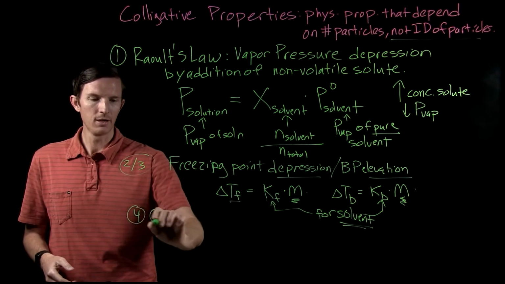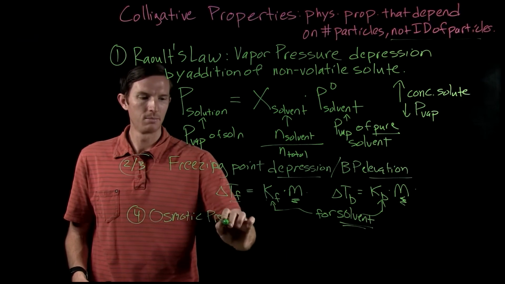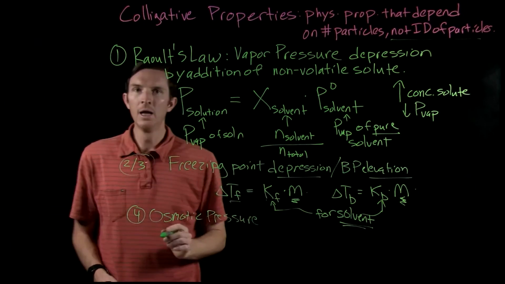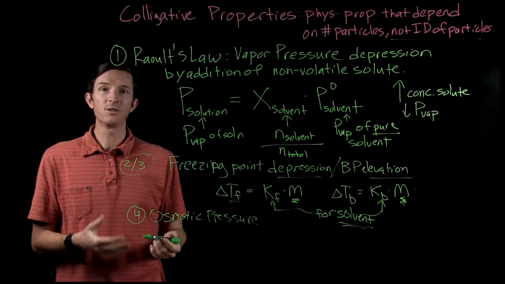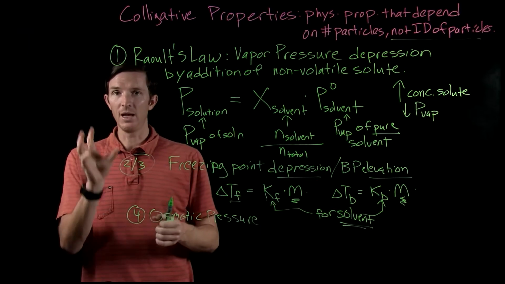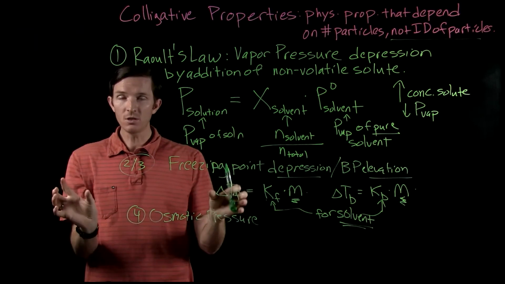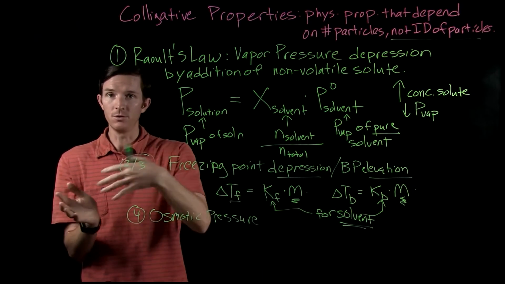The fourth one is osmotic pressure. Osmotic pressure is a pressure that is created when we have a solution and a pure solvent. The pure solvent is going to want to move into the solution.